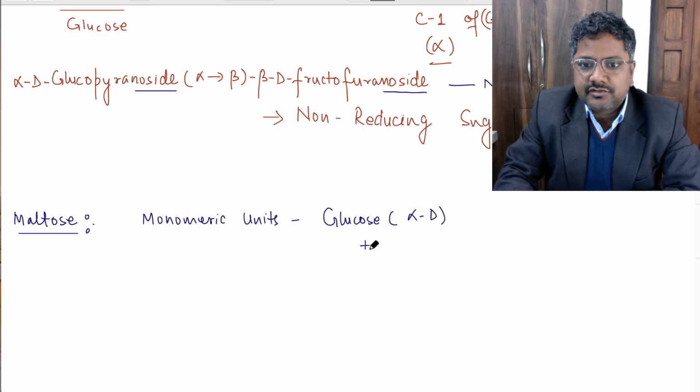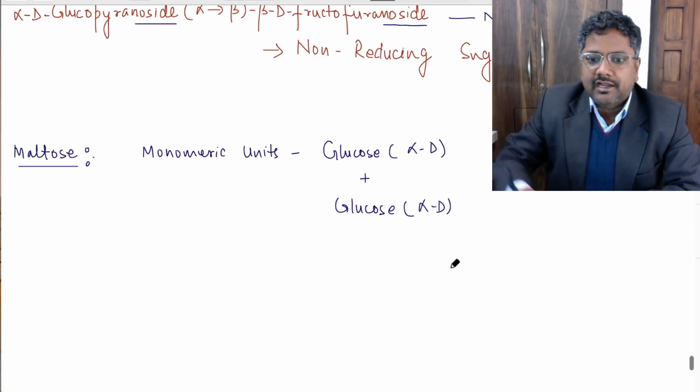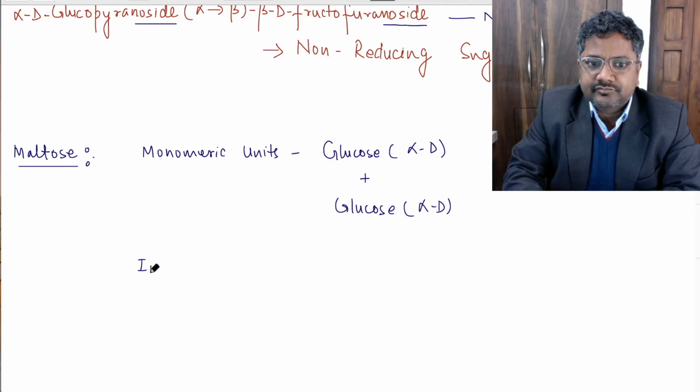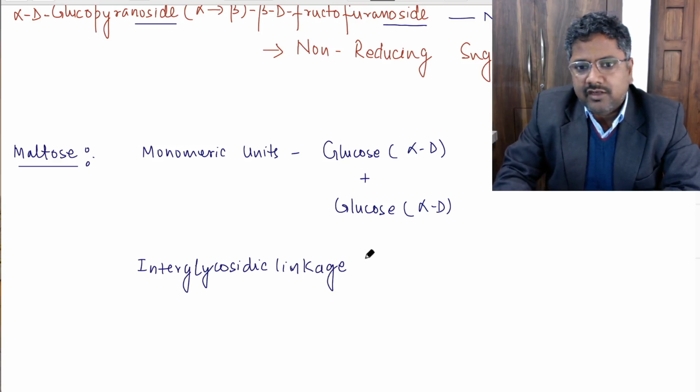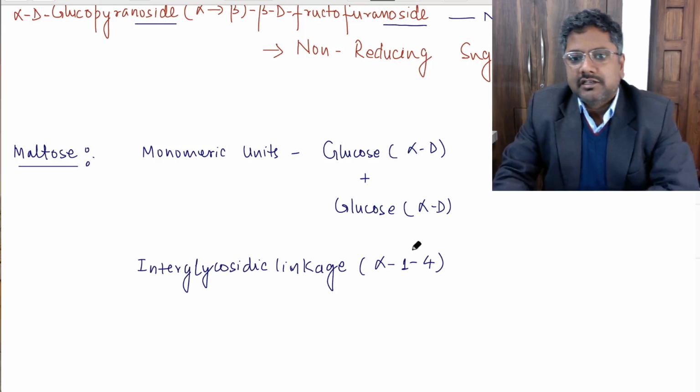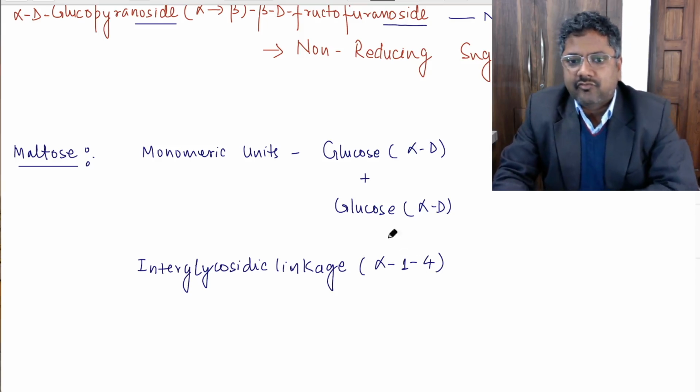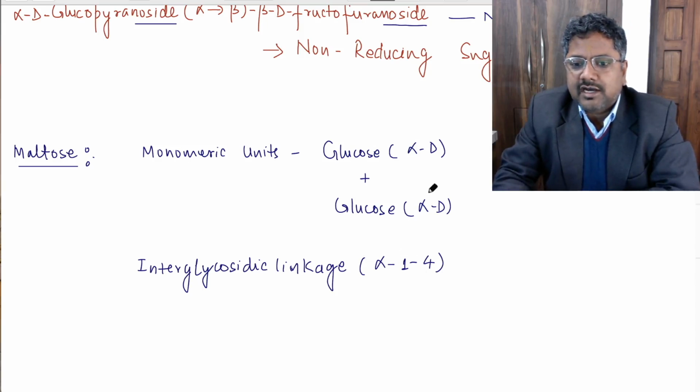Plus glucose, this is also alpha D, right? And the interglycosidic linkage is alpha 1,4. Alpha 1 of one unit and the fourth carbon of the other unit.